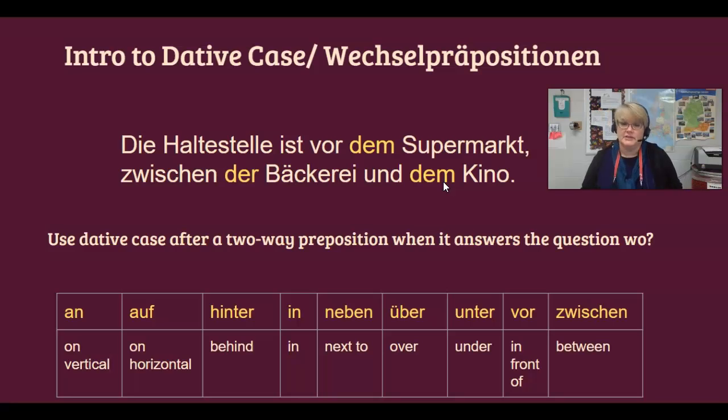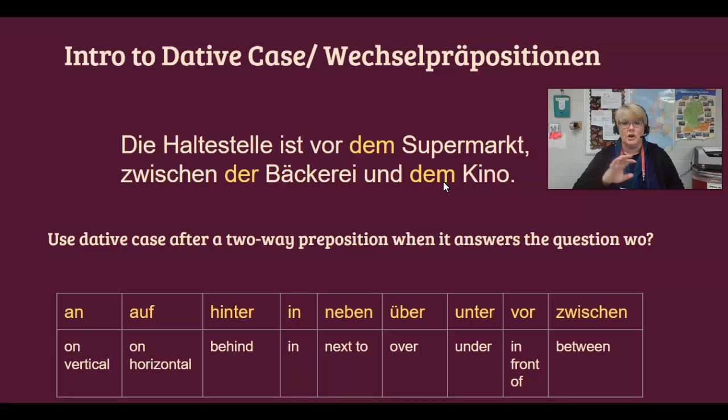Okay? So, before we look at the dative chart, we also need to talk about Wechselpräpositionen. There are other instances where you're going to use dative case, but for right now, in this chapter, it's only going to be after two-way prepositions, okay?